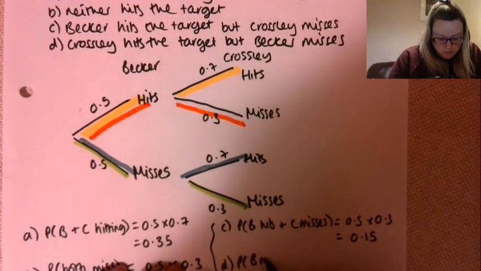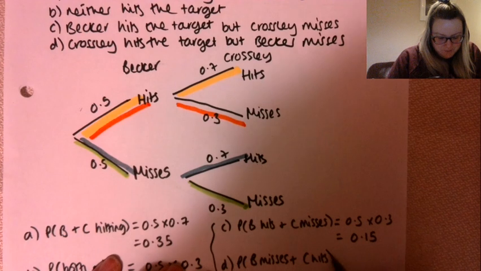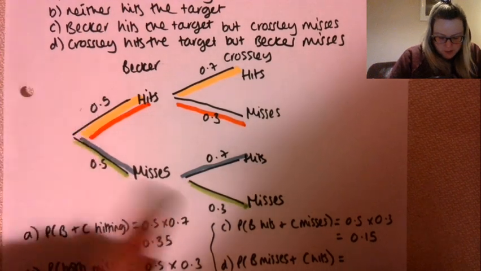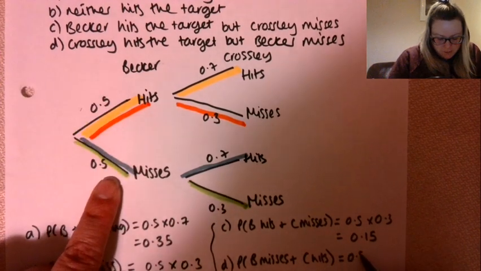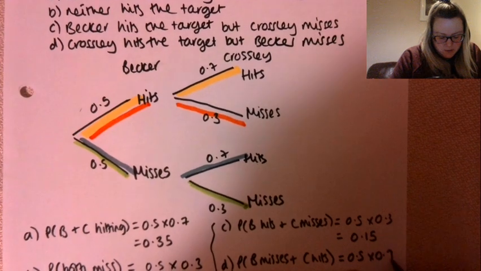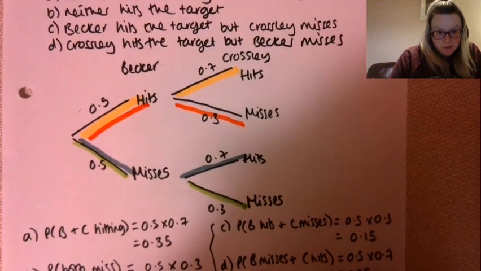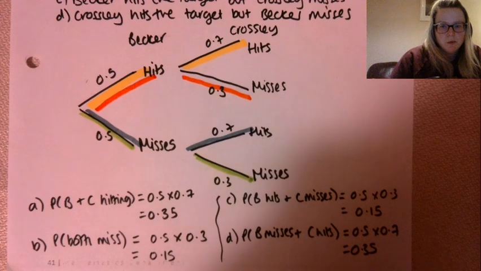Becker misses, Crossley hits. So Becker misses 0.5, Crossley hits 0.7. So 0.35.